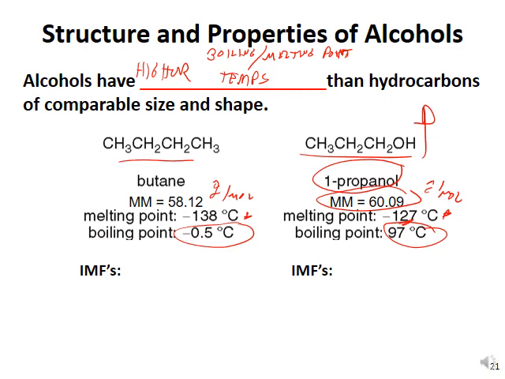That's because the intermolecular forces for butane are just dispersion forces, whereas for propanol, you've got dispersion, you've got dipole-dipole, because these are dipolar molecules, and you've got that H bonding.